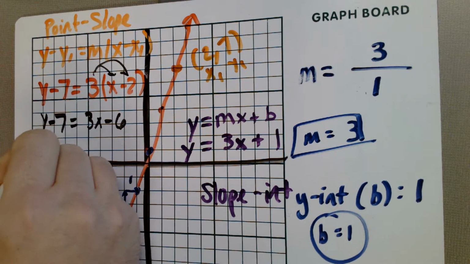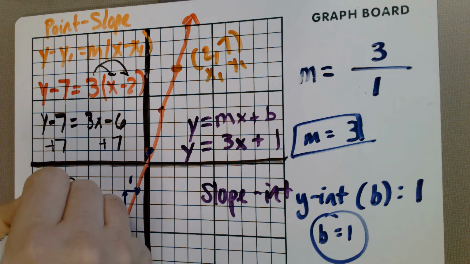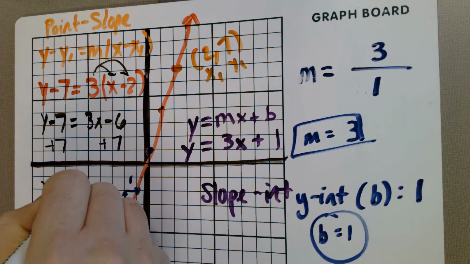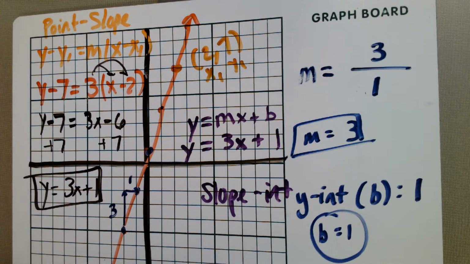So I add 7 to both sides, and I end up getting y equals 3x, and negative 6 plus 7 is 1. So you'll notice that I get the same equation in slope-intercept form, y equals 3x plus 1. So I wonder, is it possible to get the same equation, y equals 3x plus 1, if I picked another point? Well, let's try it out.